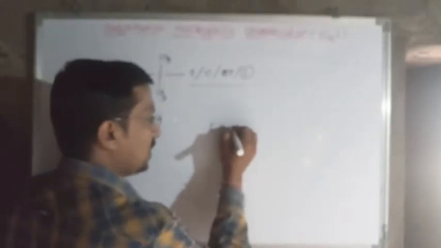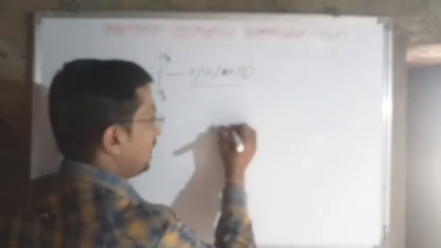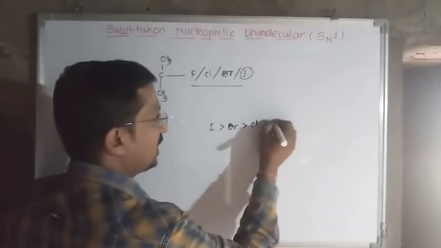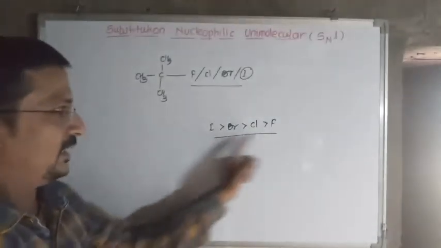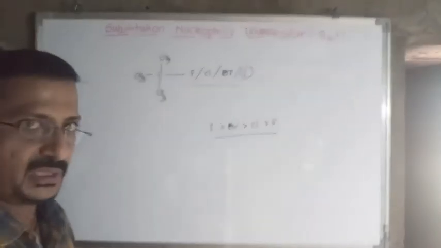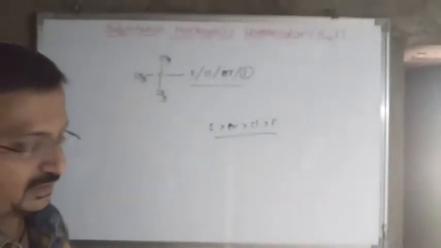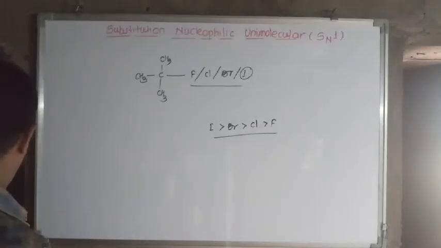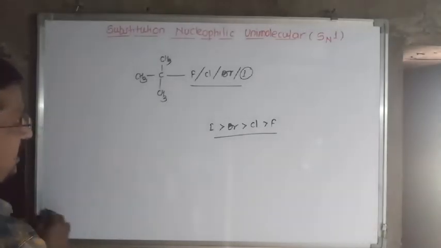So when iodine is present, the rate of reaction increases, more than bromine, than chlorine, and then the case of fluorine. So this is the decreasing order of leaving group ability, and a better leaving group actually enhances the rate of SN1 reaction, isn't it? It enhances the rate of SN1 reaction.